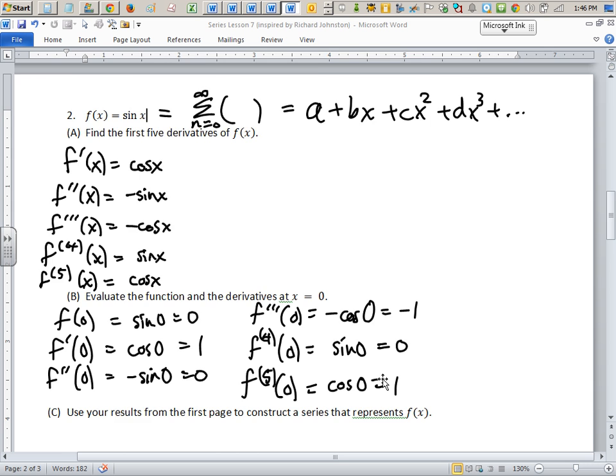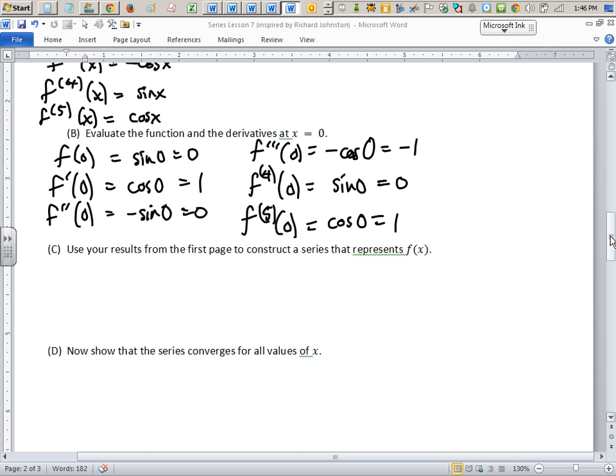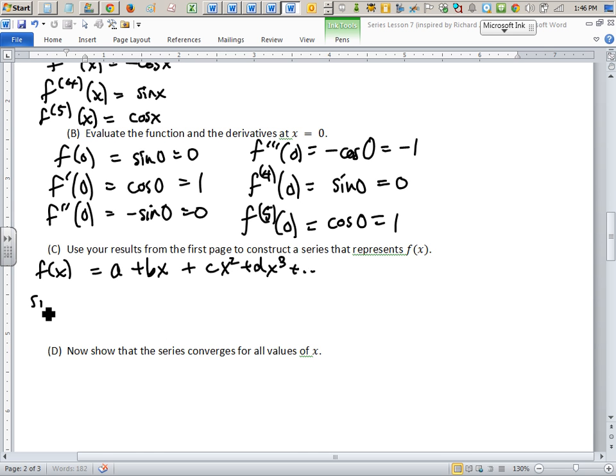Okay, so I'm going to do my best to create sine using the same idea I had on the previous page. On the previous page, I said that f of x could be expanded as a plus bx plus cx squared plus dx cubed, etc. Here I'm saying that sine x can be a, which is 0, plus bx. B would be the first derivative over 1 factorial.